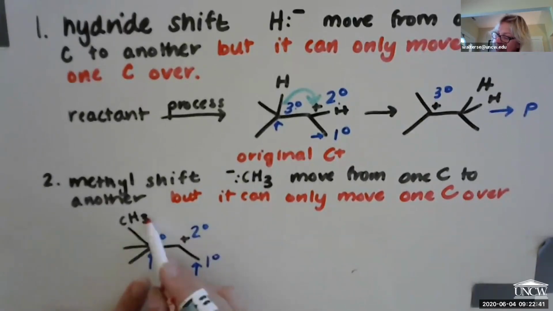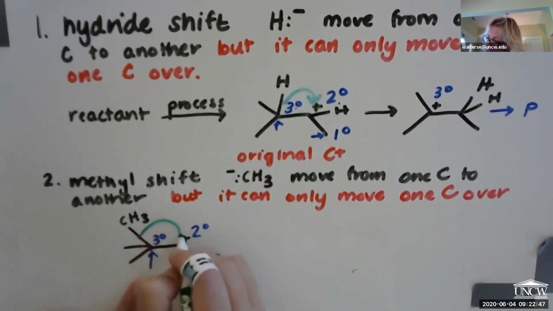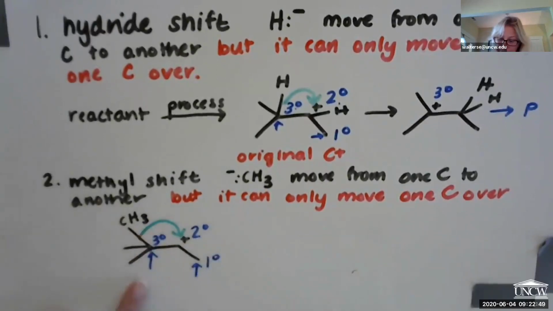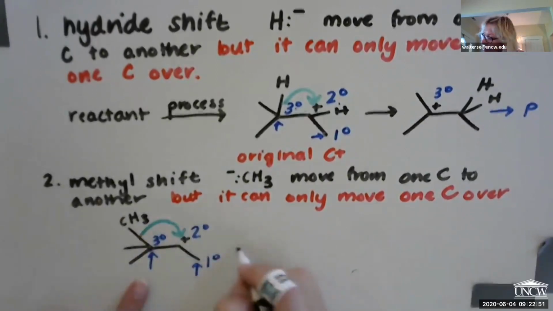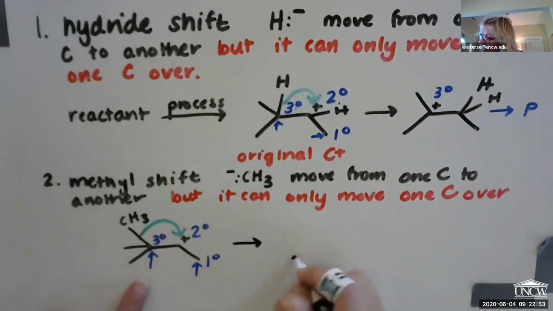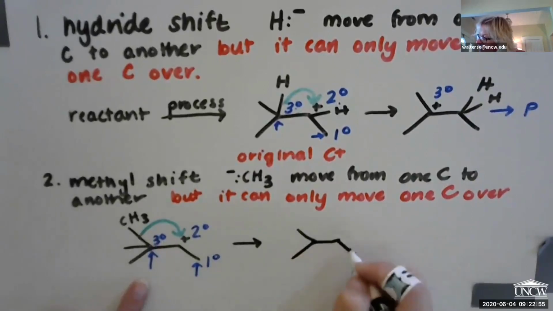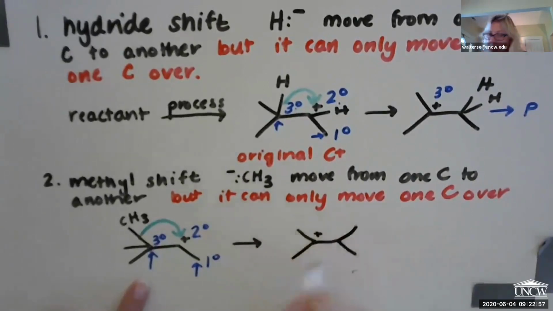So the methyl has to move with these electrons. So your arrow has to start on the bond and go to the positive charge. And it would end up here in a tertiary position.